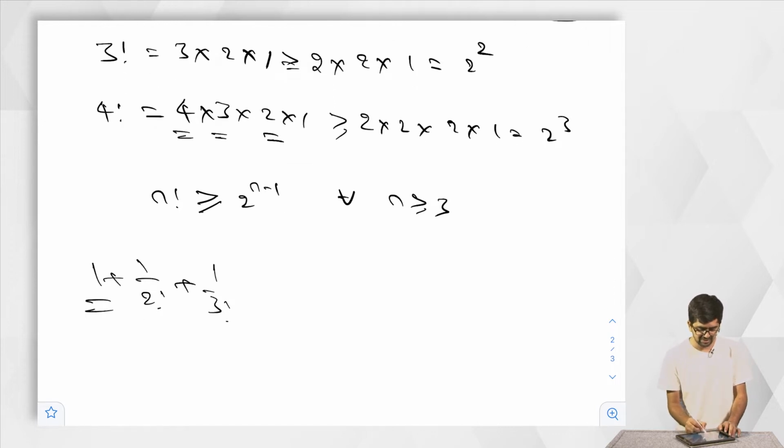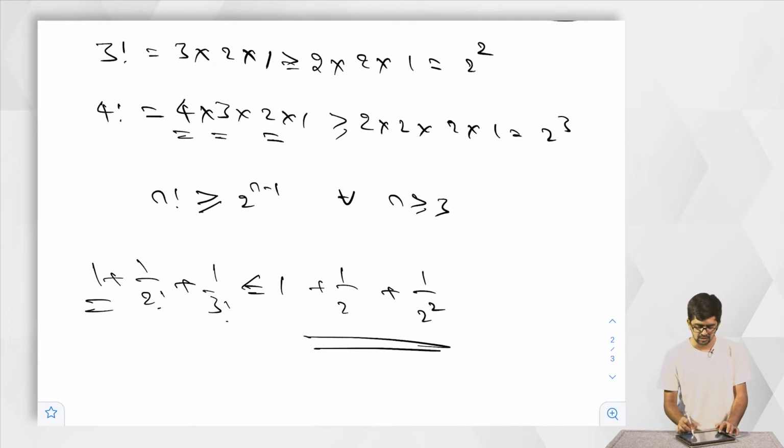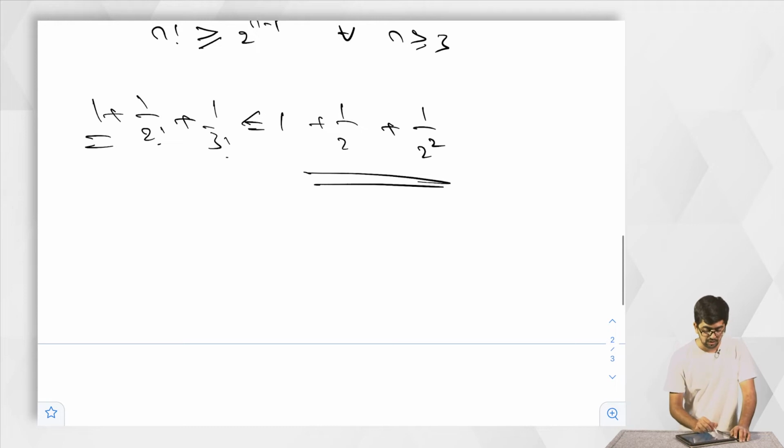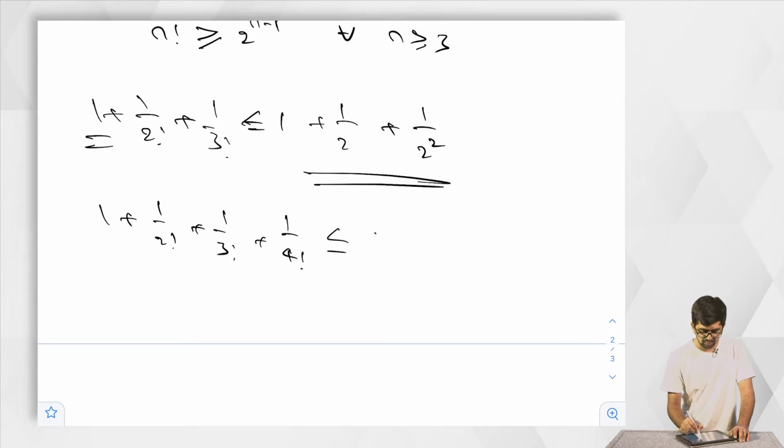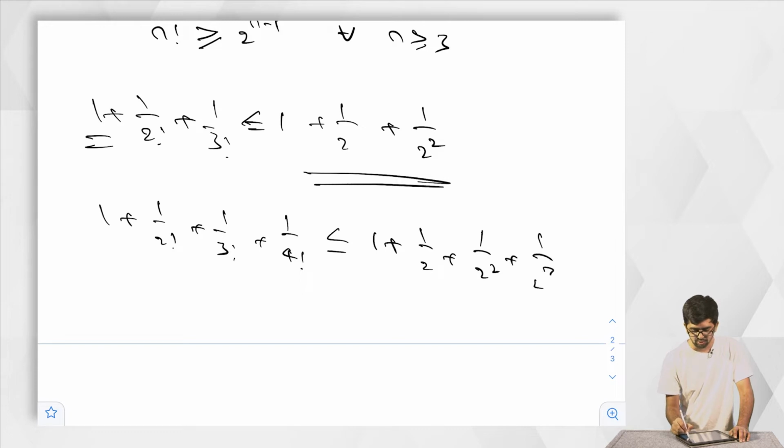This I am leaving as it is, that is equal to 1, less than or equal to 1 plus 1 by 2 factorial plus 1 by 2 square. 2 factorial is just simply 2. So we have this. Now let us look at the fourth term: 1 by 4 factorial is less than or equal to 1 by 2 cube.